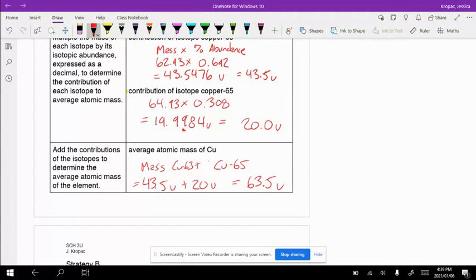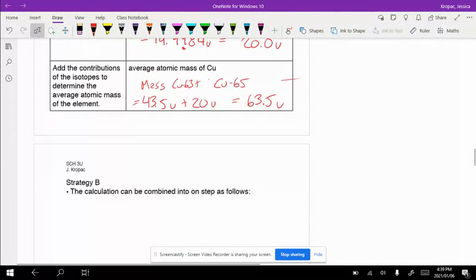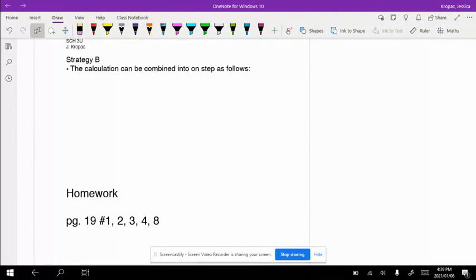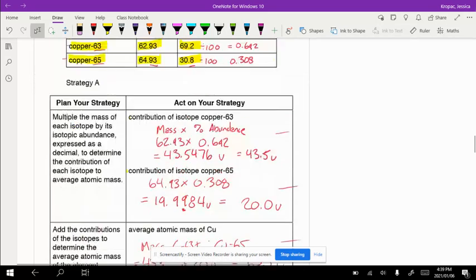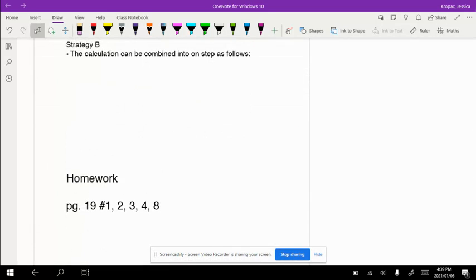Now, strategy B is going to be almost the exact same thing. It's going to be the exact same calculation, but rather than having to hit enter on your calculator one time here, and then one time here, we're going to do this in one line. So we're going to take the mass of copper 63 and add to it the mass of copper 65.